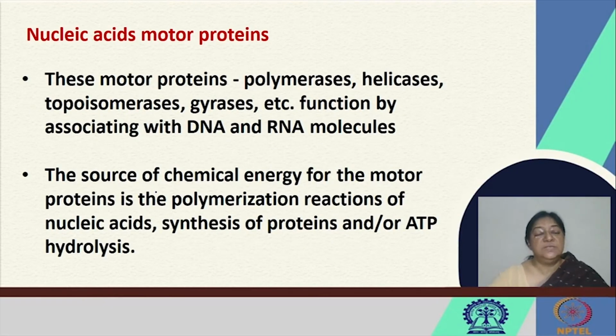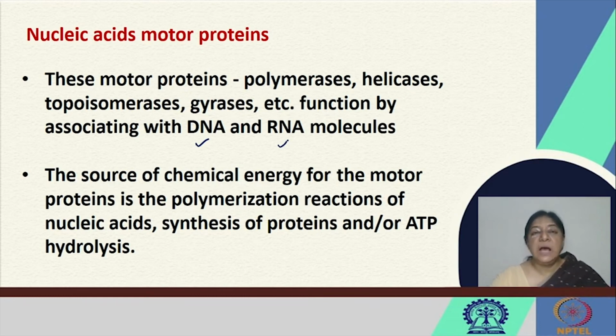These motor proteins, the polymerases, the helicases, the topoisomerases, and gyrases, function as their name implies, or the type of motor proteins that they are. They function by associating with the nucleic acids. We will be looking at the types of association and how they interact in our discussions of protein nucleic acid interactions in a later lecture.